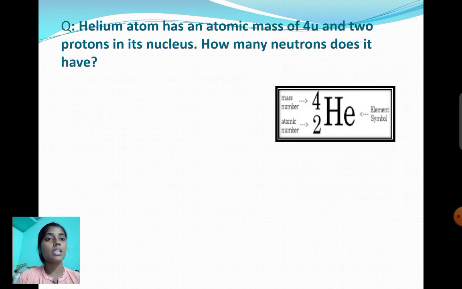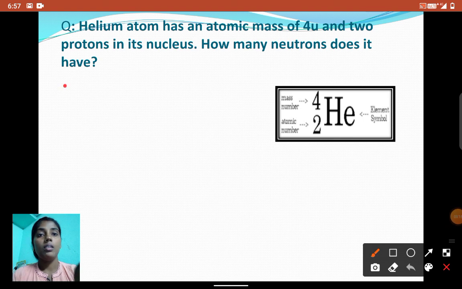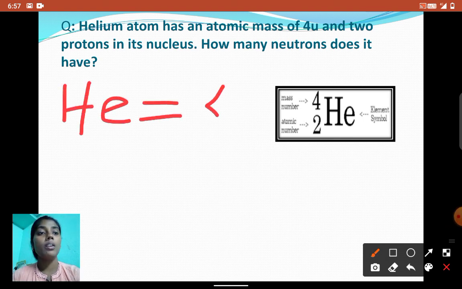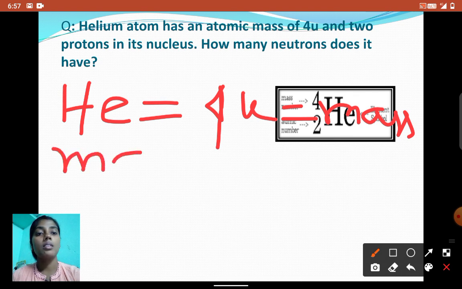Next, a question. A helium atom has an atomic mass of 4 u and 2 protons in its nucleus. How many neutrons does it have? Helium equals 4 u. 4 u is the mass number.